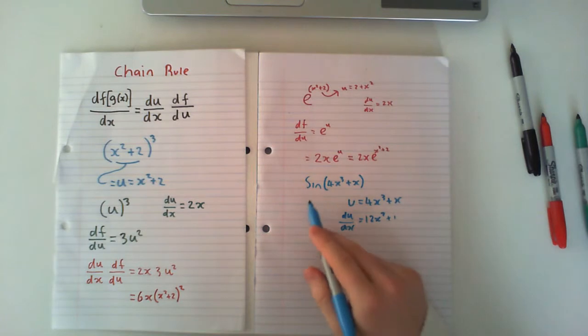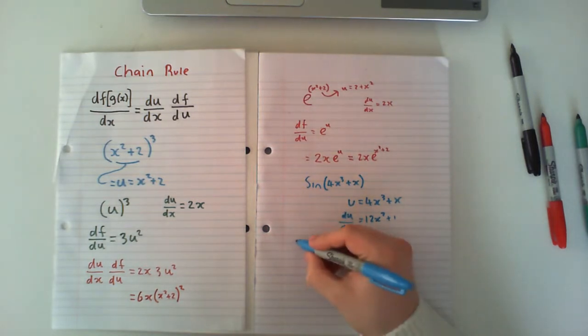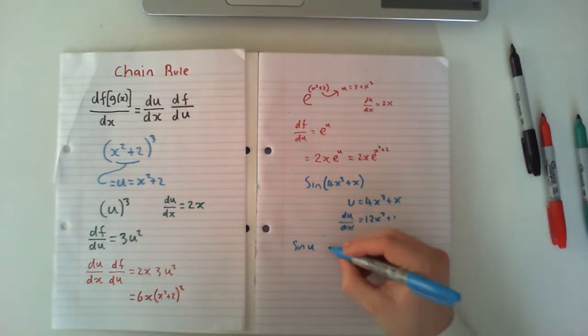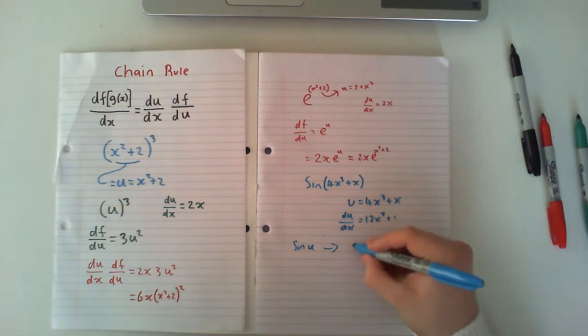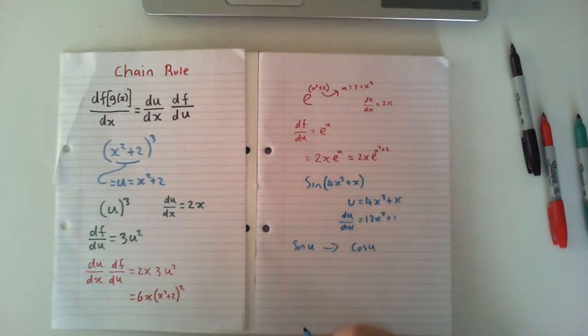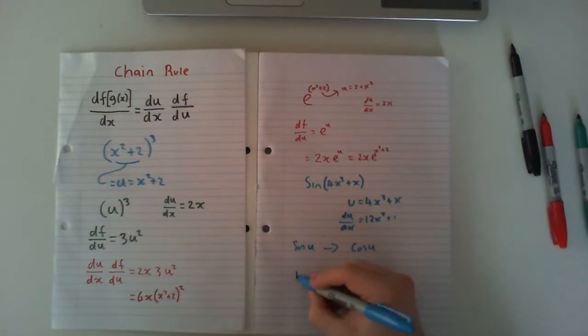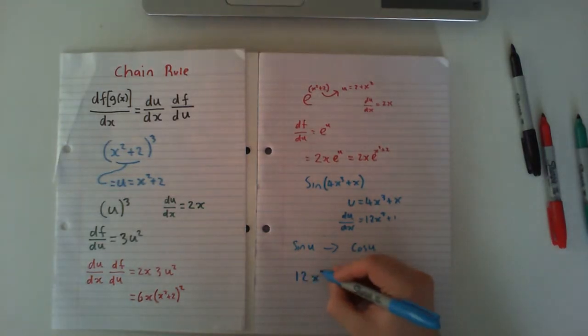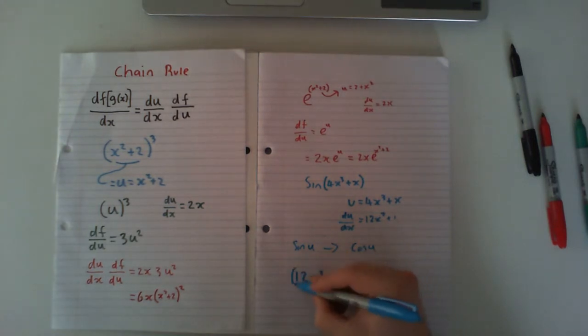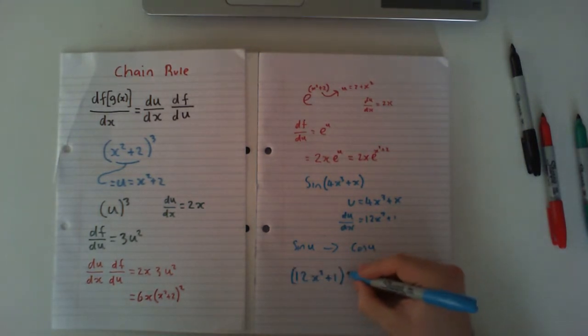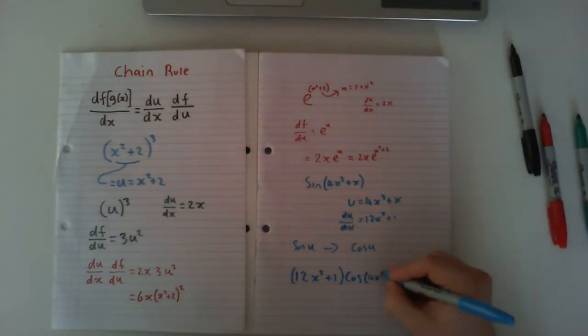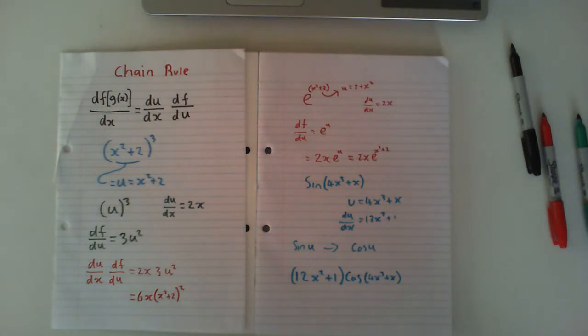And when we differentiate sine of u, it goes to cos u. So we put all this together and we have 12x squared plus 1 times cos, and we put our u back in, which is 4x cubed plus x. And that's our derivative there.